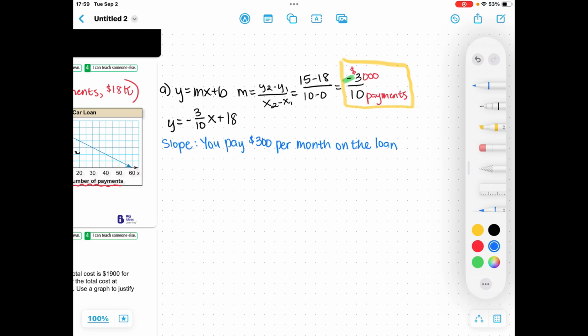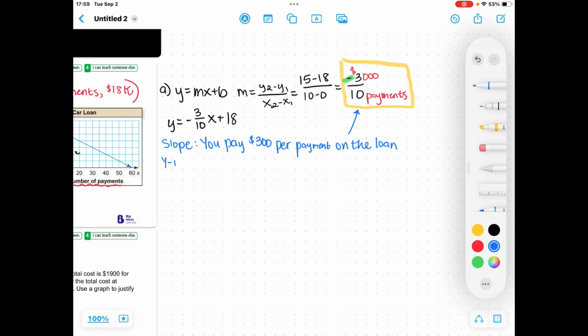It's the same thing as this, except you're just stating it a different way. Rather than 10 payments, you broke it down to just one payment. I'm not even going to say per month because it's just per payment.